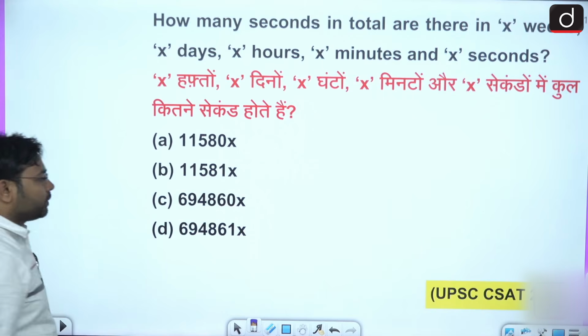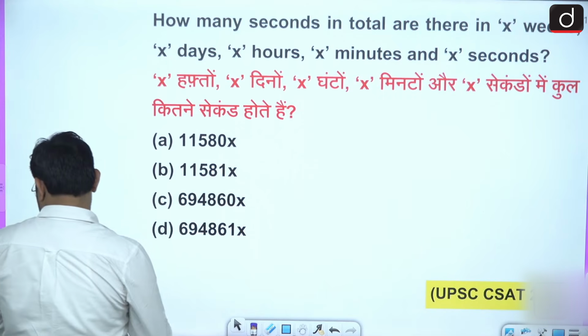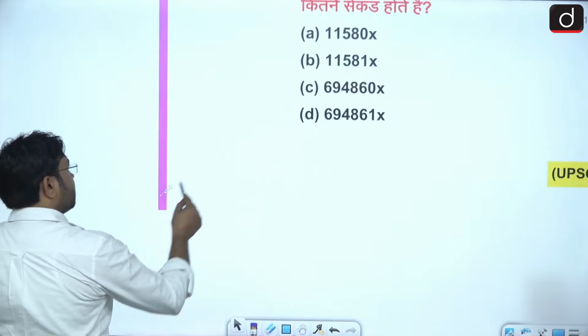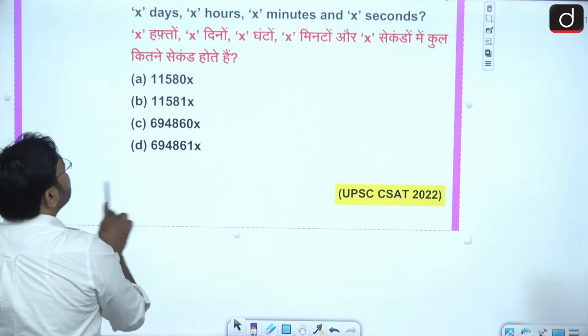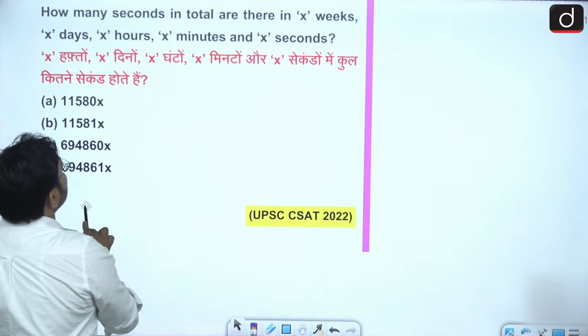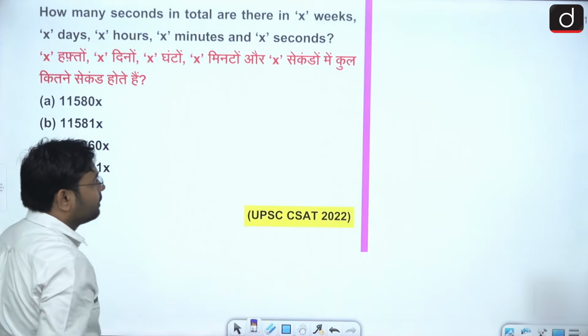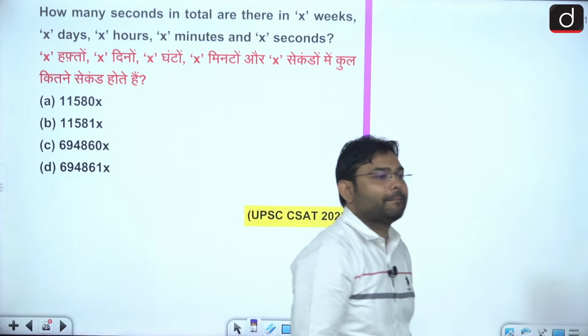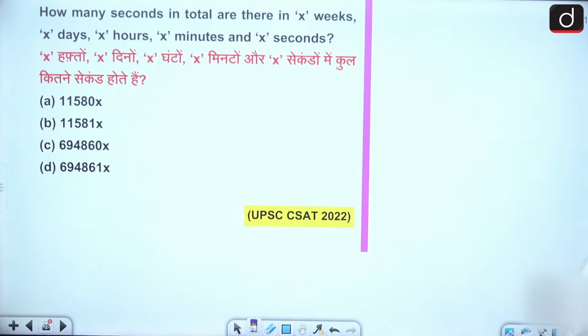This is from 2022. Let's see how many of you can solve this one. How many of you know about minutes, seconds, hours, days and weeks?